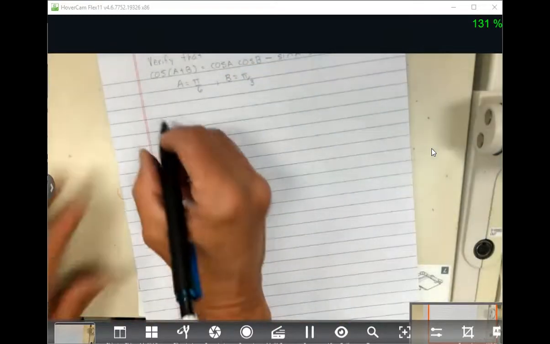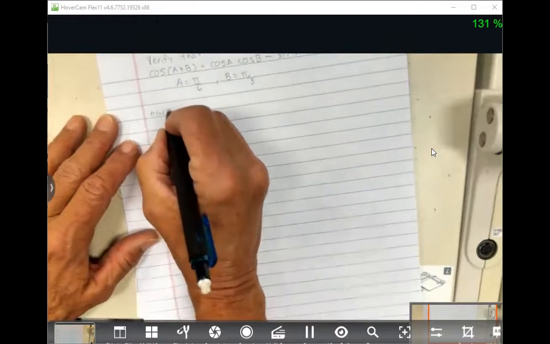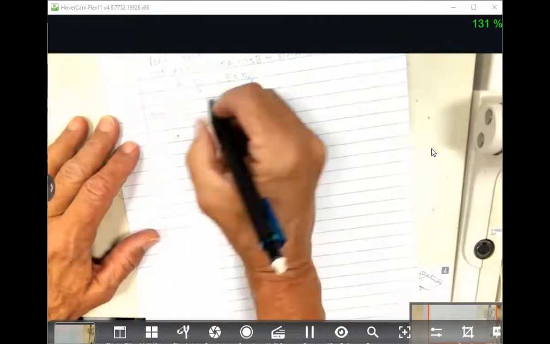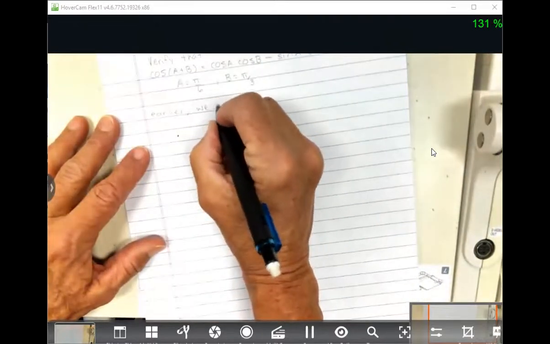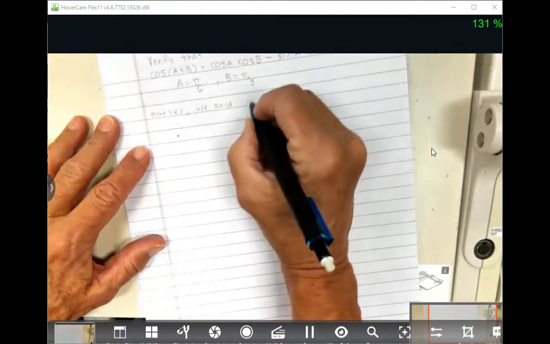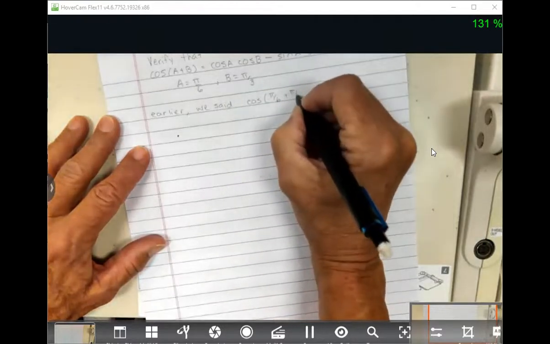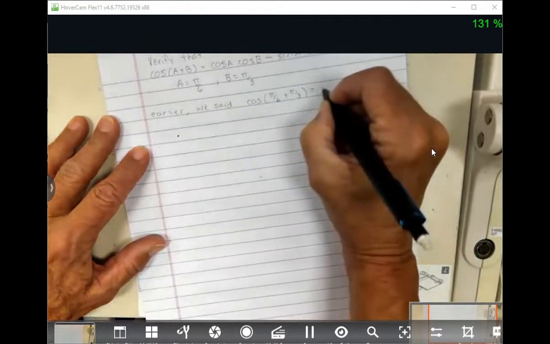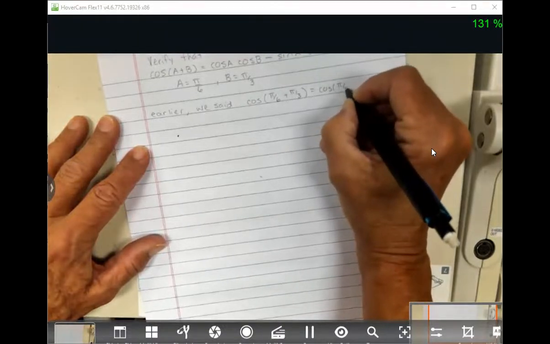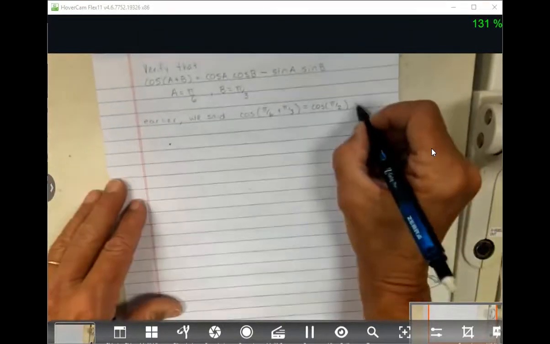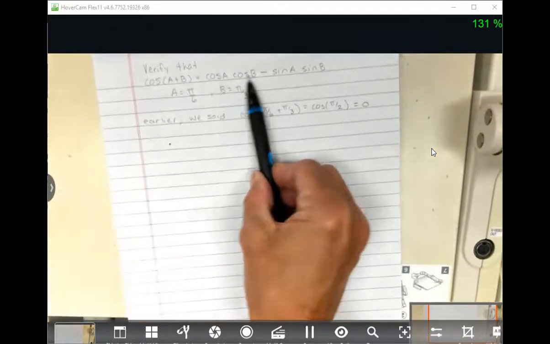So earlier, we said that the cosine of pi over 6 plus pi over 3 is the same as the cosine of pi halves, by brute force adding pi sixths to pi thirds, which is 0. Now I'm going to fill those numbers into the right-hand side.